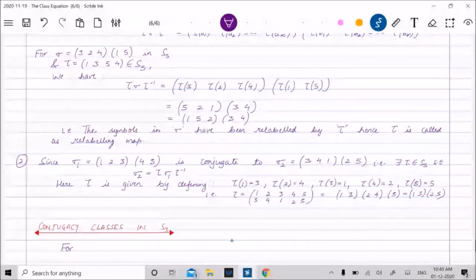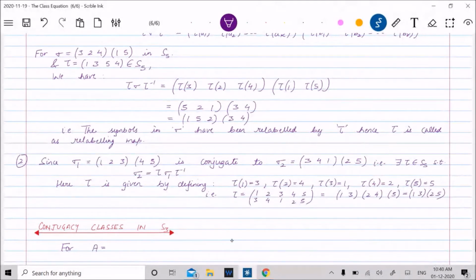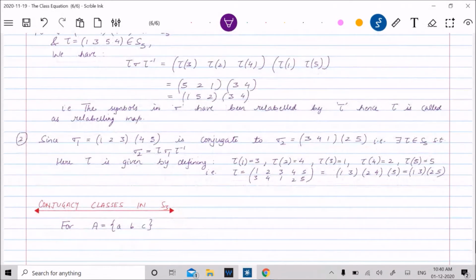So let me take some arbitrary set on three symbols. We should write little a, little b, little c, or you can write a star hash dollar. You know that S3 contains how many permutations? You said 3 factorial equal to 6 permutations. Okay, that's fine.